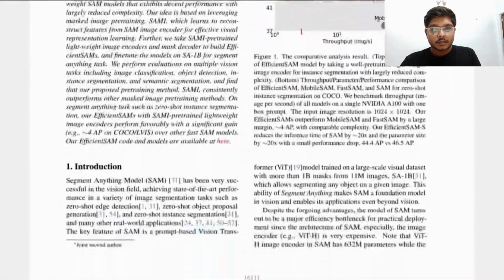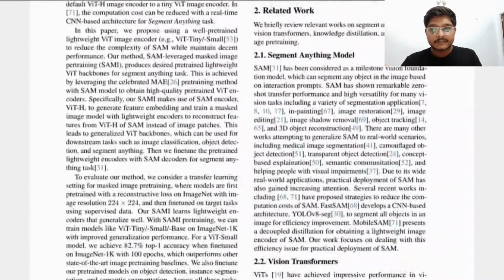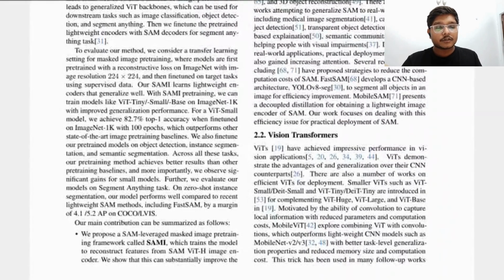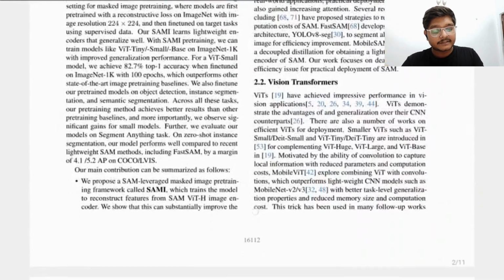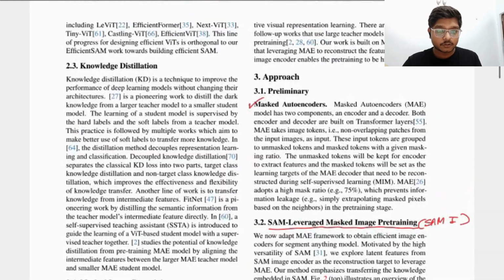Now let's look at the core logic introduced in this paper. The core innovation is a pre-training strategy called SAMI, SAM-leveraged masked image pre-training. To understand why this is special, we have to look at standard masked autoencoders.